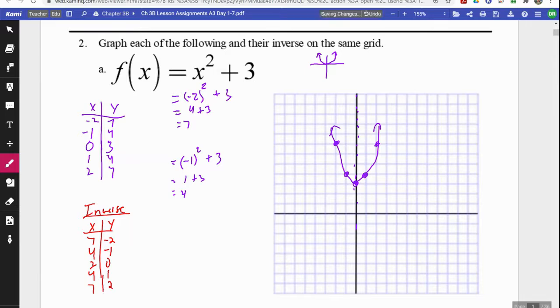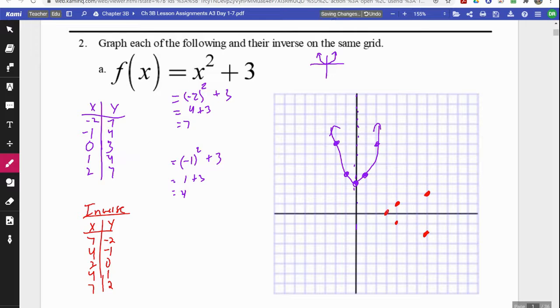And we should graph this on the same graph just to see what it kind of looks like. Maybe we'll make a cool design. (7, -2) is down here. (4, -1). (3, 0). (4, 1). And (7, 2).